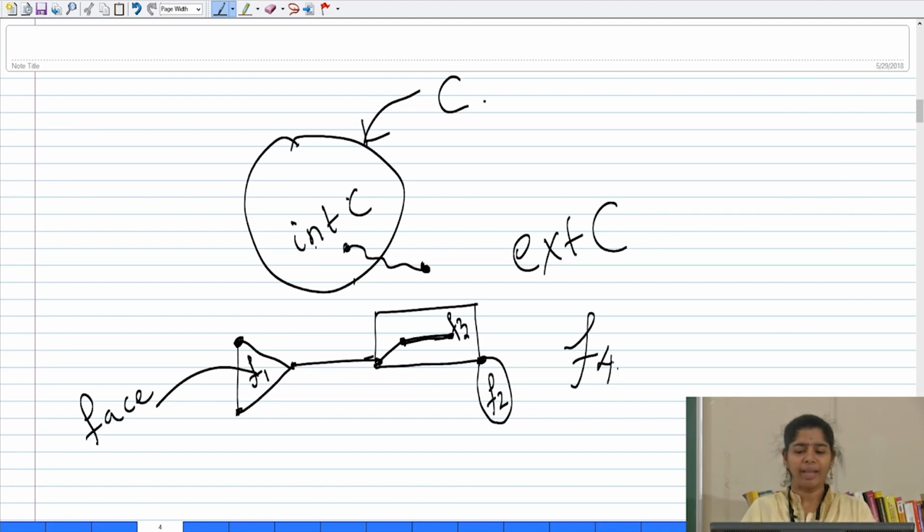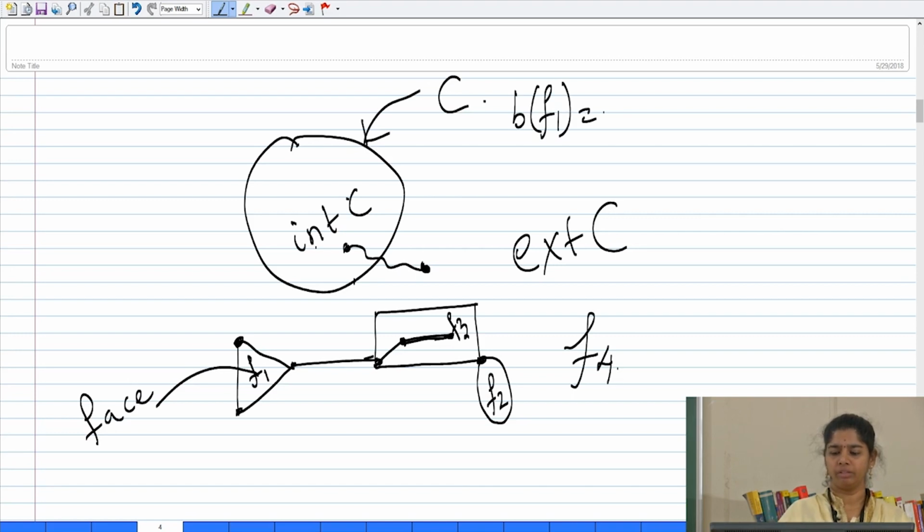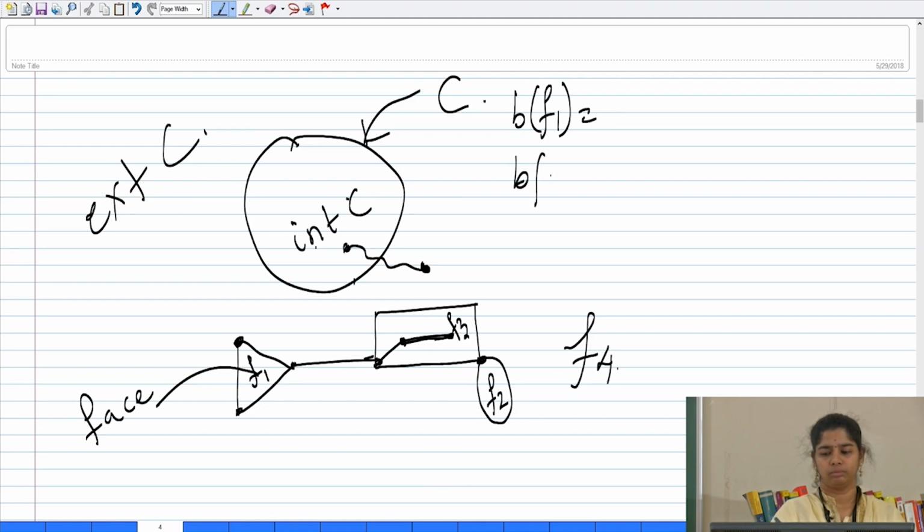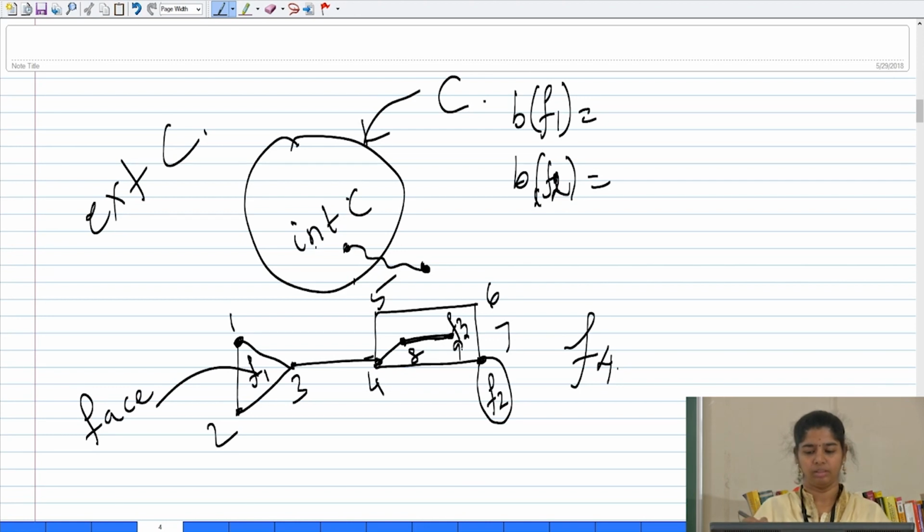Now, can you tell me the boundary of each of these faces? Let me write the boundary B of F1. What are the edges that comprise the boundary? That is what I am going to ask. The 3 edges, oh, I did not give you the labels for this, so let me do that. Now I guess it becomes easy.